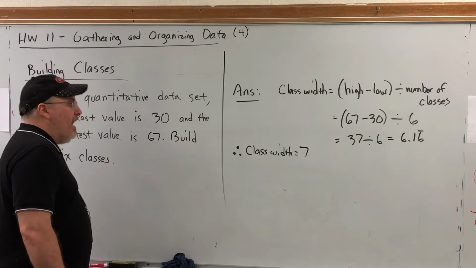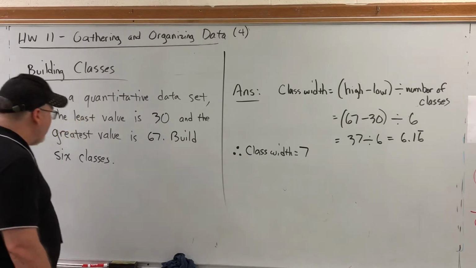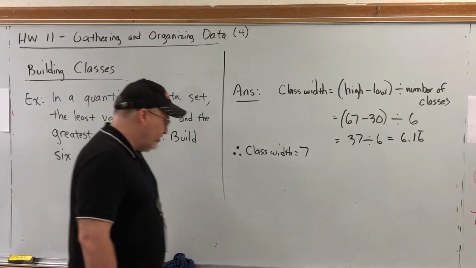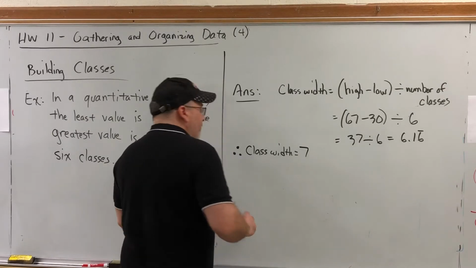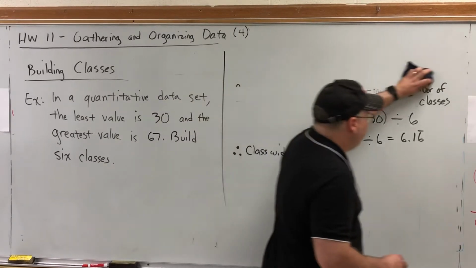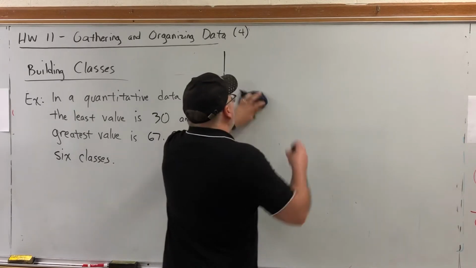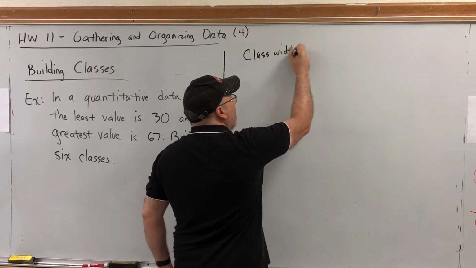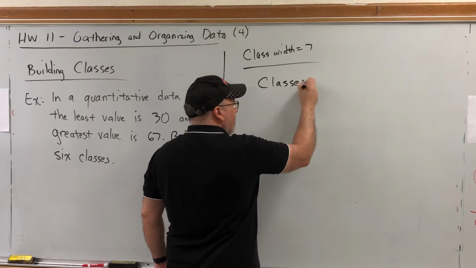Okay, now that we know the class width, we can start building the classes. You start the first class with whatever the least value in the data set is, which in this case is 30. I'm going to move this up a little bit. I don't know why I didn't take advantage of the space above it. Our class width is 7. So let's build our classes.